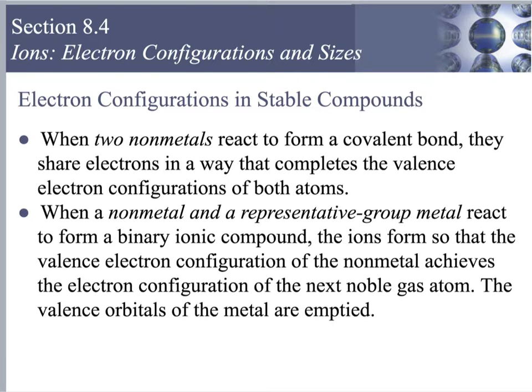The basic idea is that nonmetals tend to form bonds based on sharing electrons, which is called a covalent bond. When a compound forms between a nonmetal and a metal, the attraction is due to the ions that are formed when those atoms either gain or lose electrons, and they're held together by the difference in charge. That's referred to as an ionic compound.